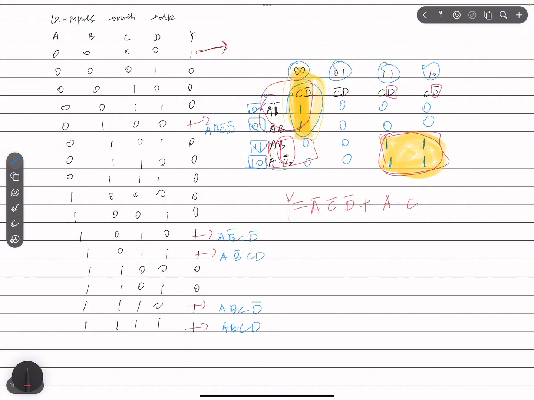So we look at these 2 columns and these 2 rows. The common factor for these is C and also A. So the result is A times C. So by looking at the K-map, sometimes we just need to figure out how to group the ones.